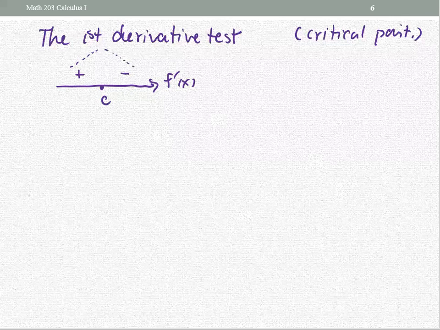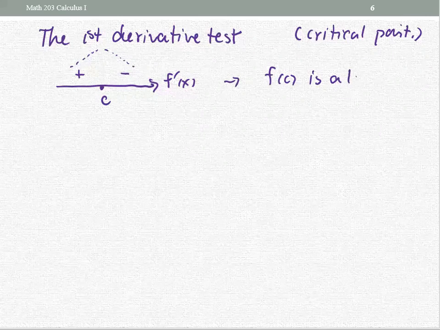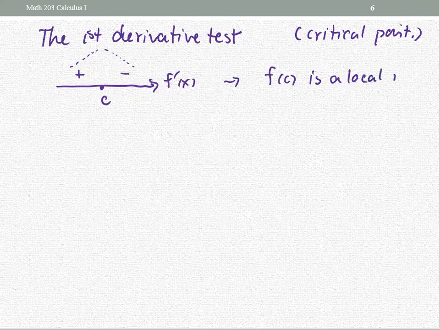So if at the point c the sign changes from positive to negative, think about the nature of going up and coming back down. That point is going to be a local maximum, a local max. Another case: use the real number line as a tool to identify the local max and local min.